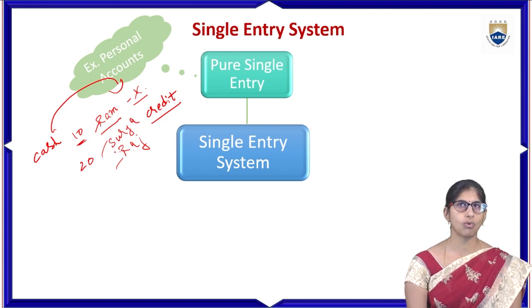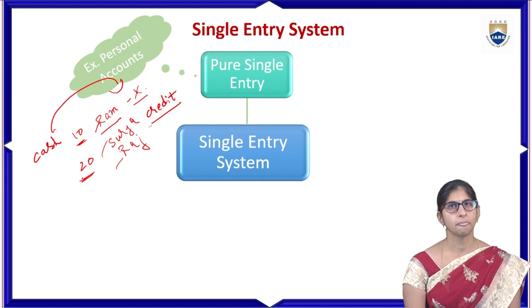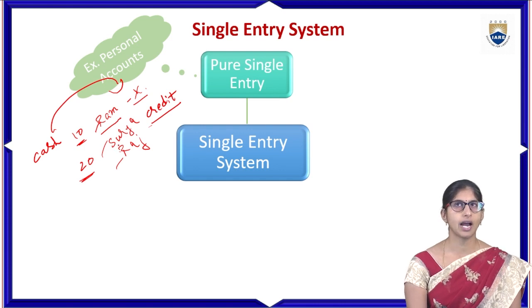And Surya has not paid the amount to X immediately, and he is telling that he is going to pay after 2 days. So this 20 rupees is pending from Surya to X. What does X have to do now?